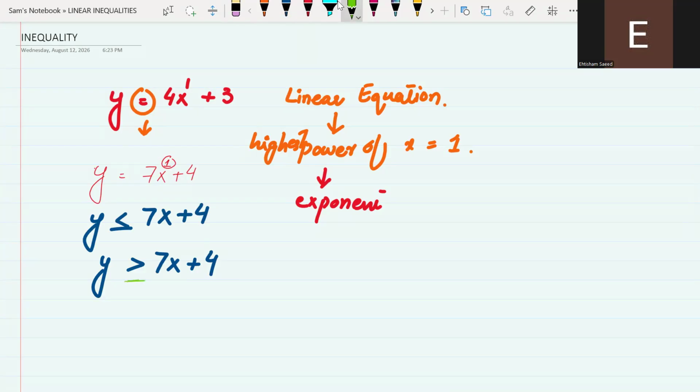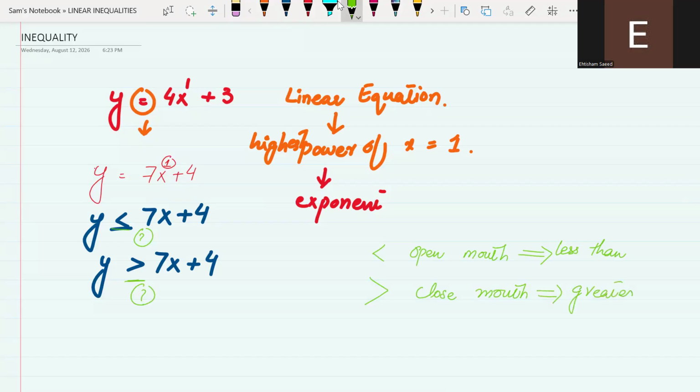I need the signs. So you have to understand, this sign is an open mouth. The open mouth sign tells you it is less than. If the mouth is closed, you can call it greater than.